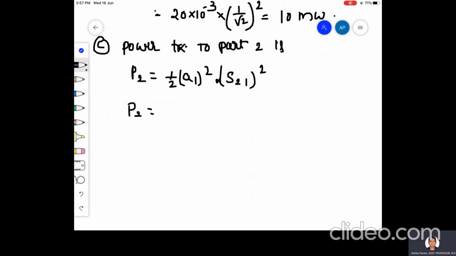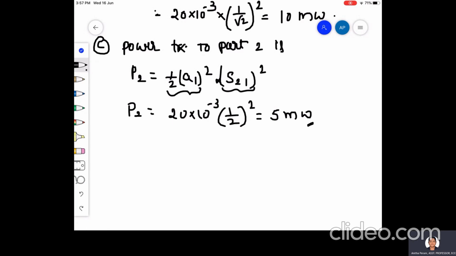So P2 is 20 milliwatts, and from the S matrix S21 is 1 by 2, so 1 by 2 square gives 20 by 4, which is 5 milliwatts.